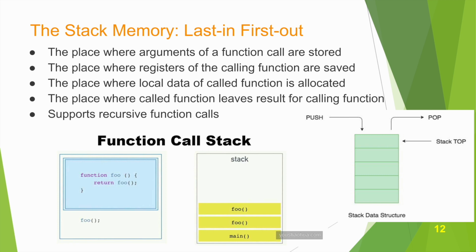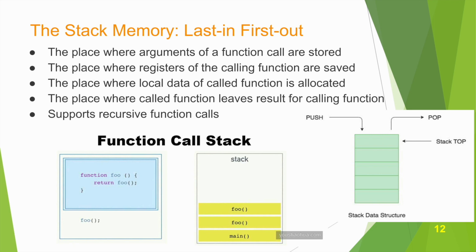The registers of calling functions are also saved on the stack. All the local data that you initialize or declare within a method or function are also allocated inside a stack. The stack is also a place where the function leaves the result for a calling function.